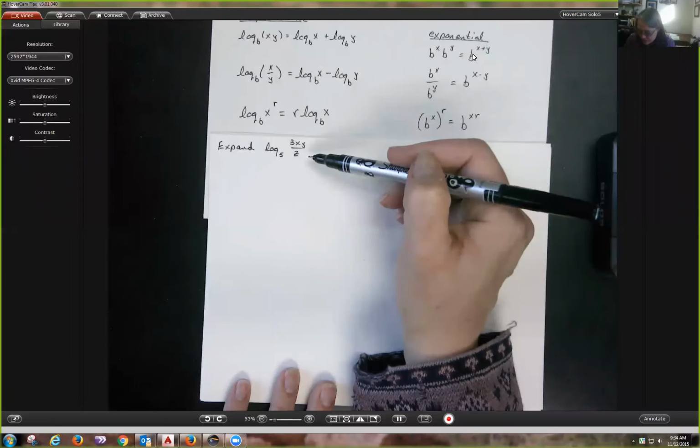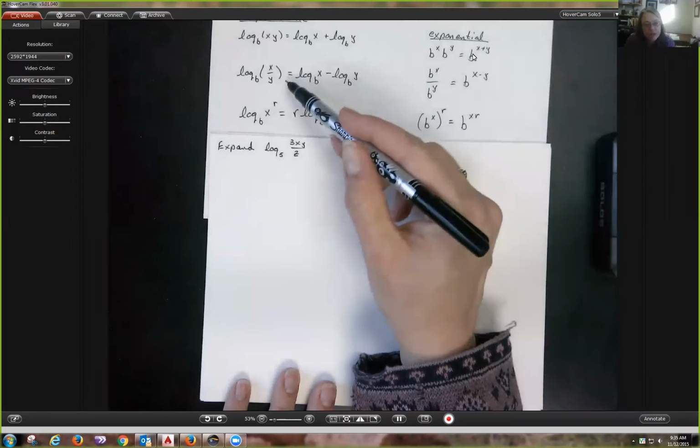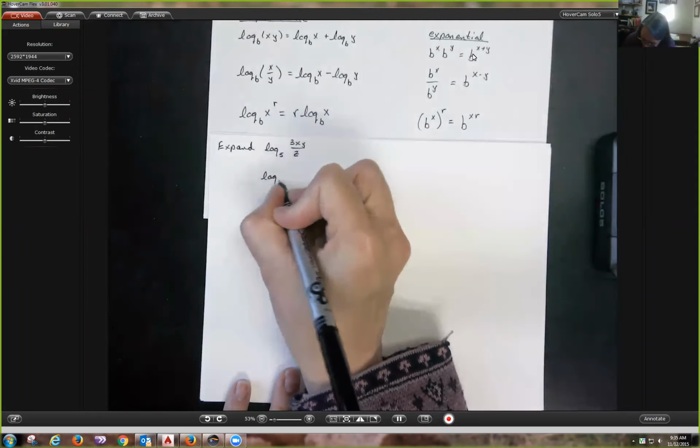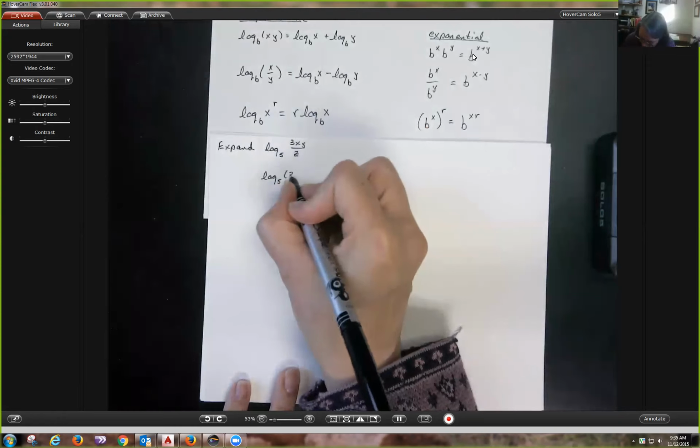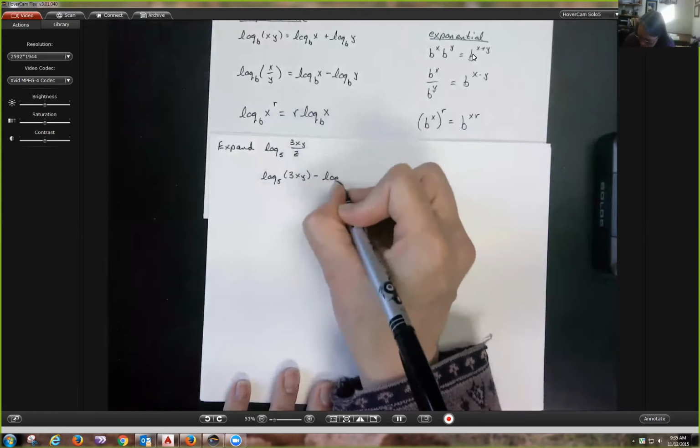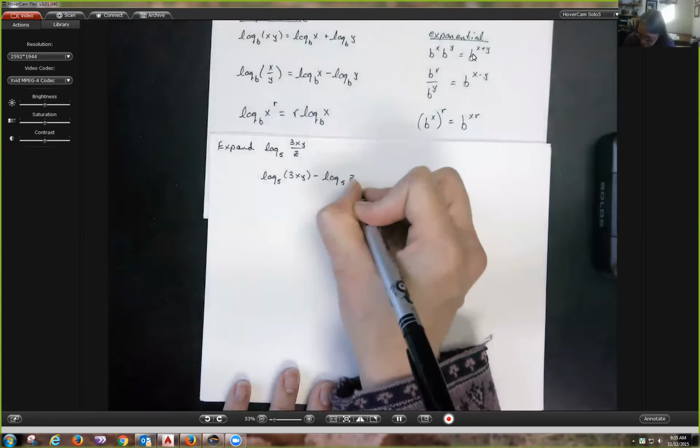So the first thing we're going to do is apply the quotient rule so that we see that this is the log base 5 of 3xy minus log base 5 of z.